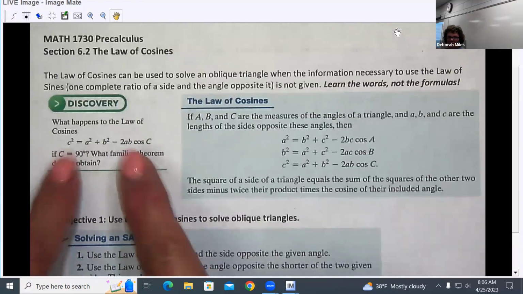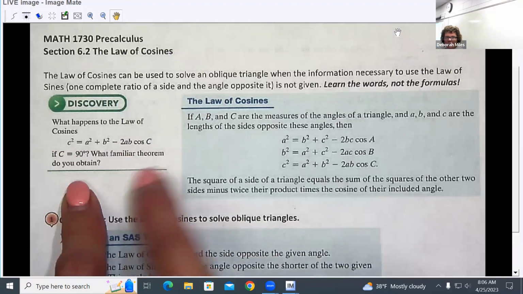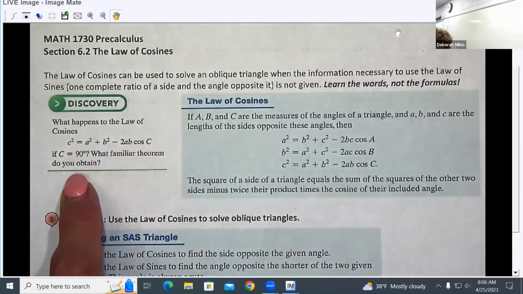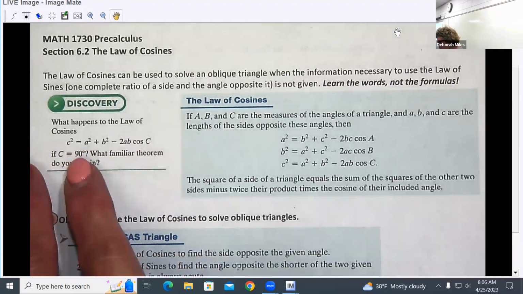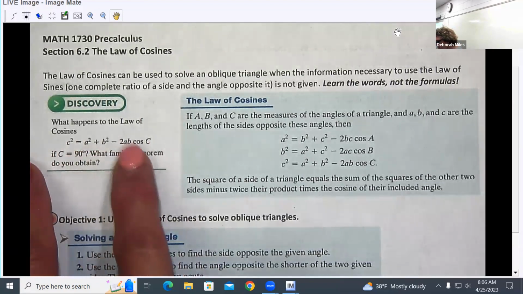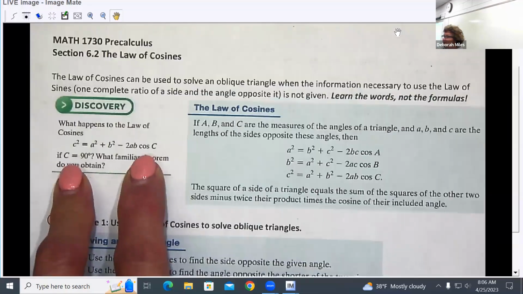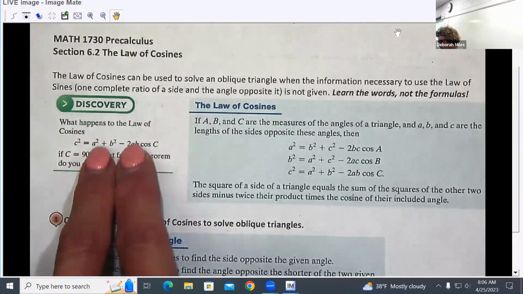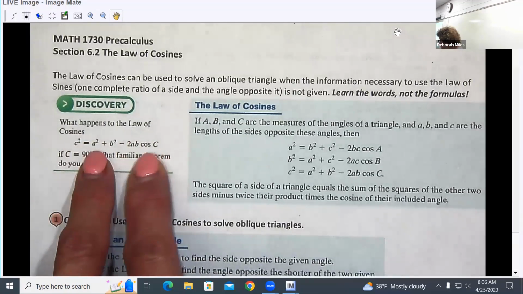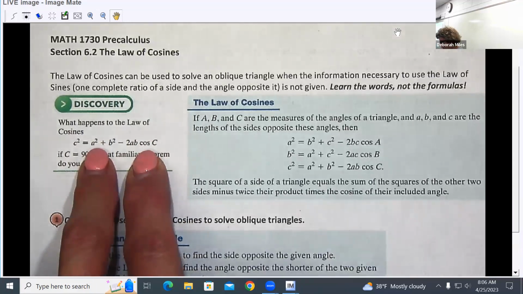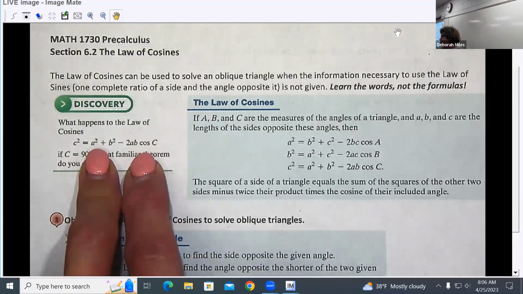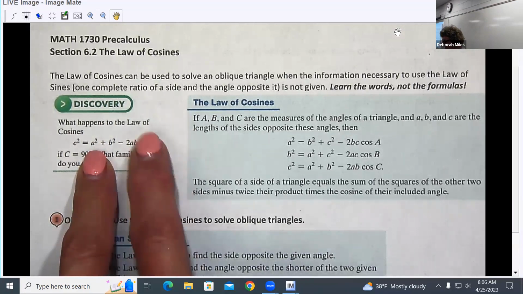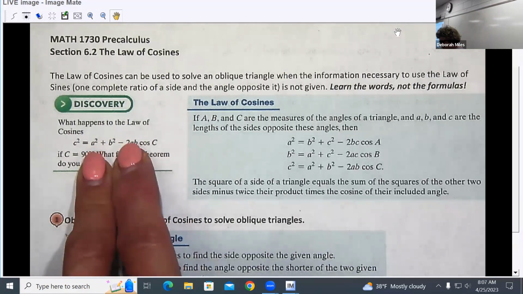I think this is a cool discovery over here to the side. What happens to the law of cosines using that third form, c squared equals a squared plus b squared minus 2ab cosine C, if C is 90 degrees? What would that all boil down to? Cosine of 90 degrees is 0, and 0 times a times b times 2 is 0.